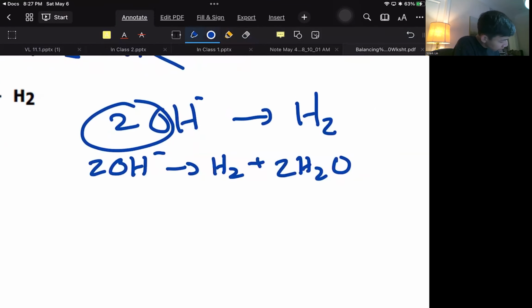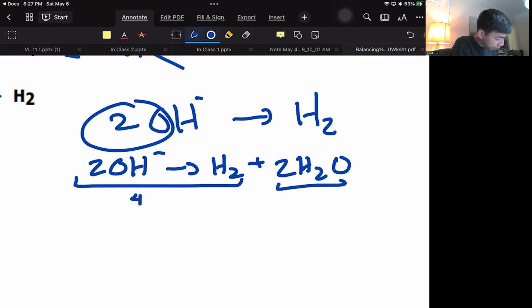Okay. And then now we need to add hydrogens. This side has two.